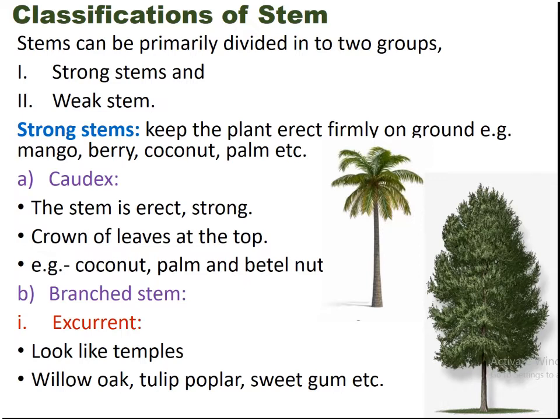Their stem is also the excurrent stem. In this type, the branches at the lower part are longer than the branches at the upper part. So the whole tree takes the shape of a temple, and it gradually narrows down from the bottom to the top. These are the characteristics of the excurrent strong stem.